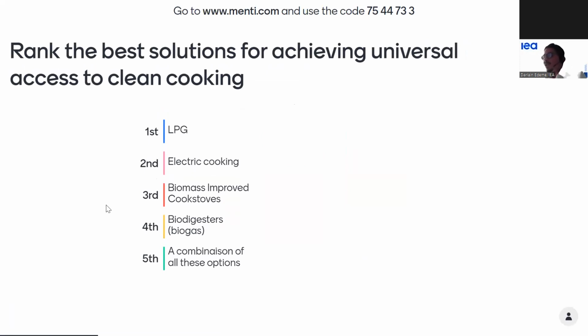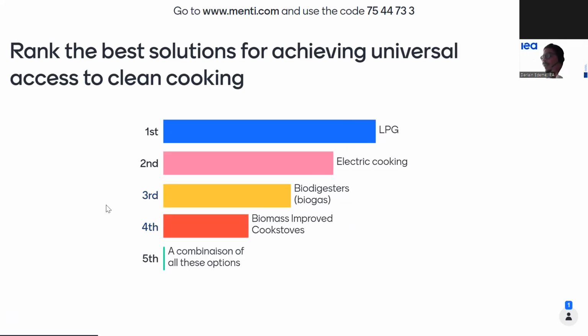You have to start with the best solution in order to achieve universal access to clean cooking, and then go down to the last one.